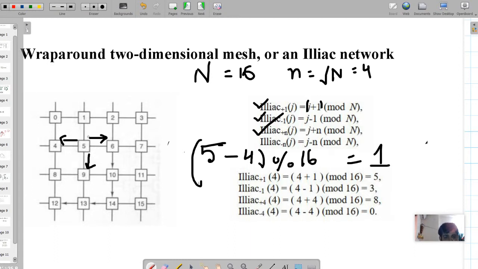You can see that processor 5 can again directly make communication with processor 1, and this conclusion we arrived at by following this formula. So this was all about this iliac network example. Hope you have been able to grasp the concepts for the day.